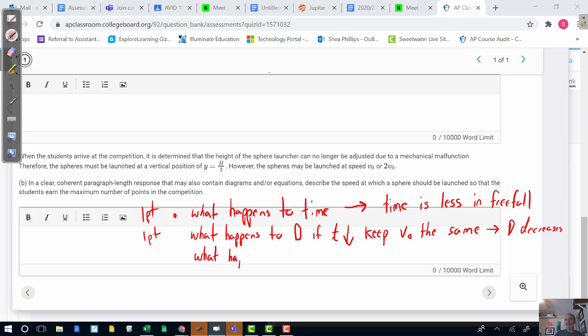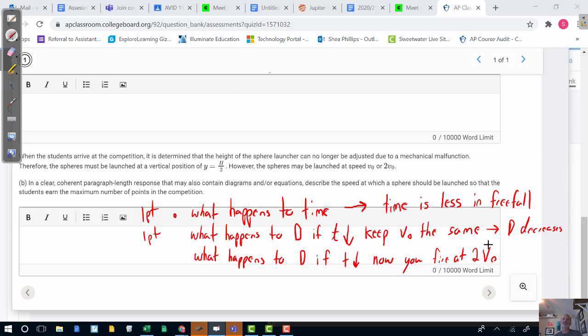What happens to d if we know t decreases, but now you fire at 2v0? What happens if you fire twice as fast?